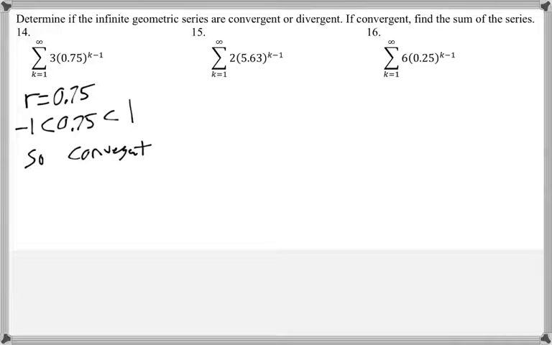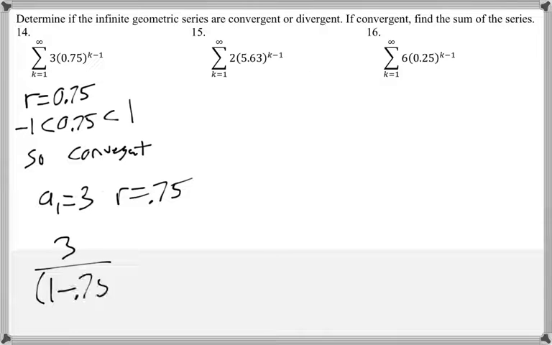So I want to find the value that this series converges to. If you take a1, which is 3, and r, which is 0.75, and put those in your formula, it's going to be 3 over 1 minus 0.75, which is equal to 12.